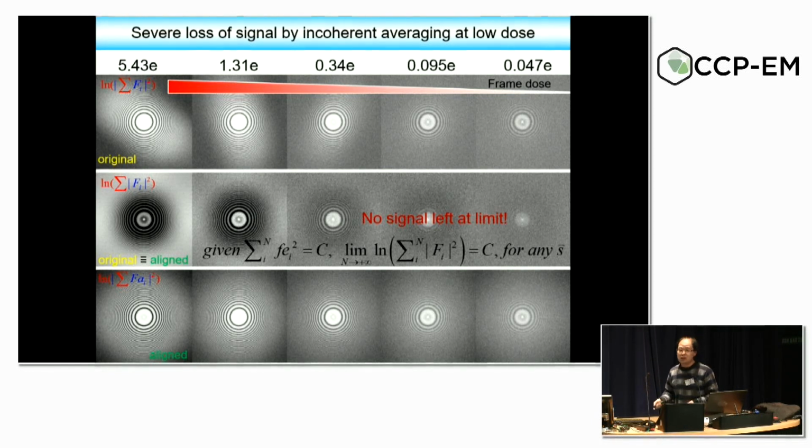So the best strategy is to combine these two together, incoherent averaging and coherent averaging. Usually, the aligned frames are better, and the ideal case is doing some kind of weighting scheme.